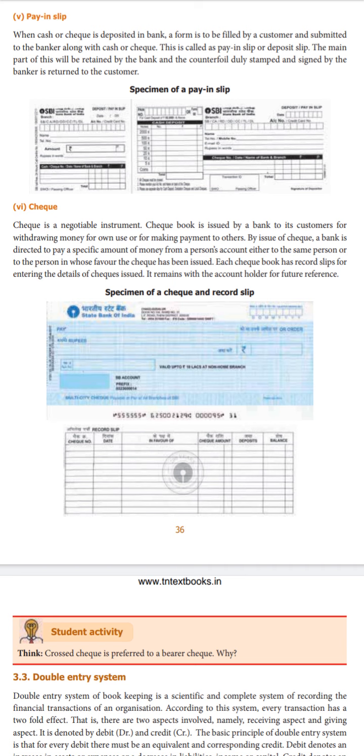Each checkbook will have a record slip wherein you can enter to whom, on which date, which check number, to whom it is being given, and for what amount. All this information can be written in the record slip, which is attached in your checkbook itself.